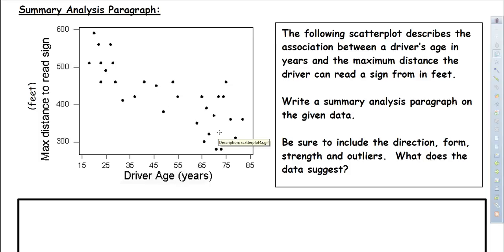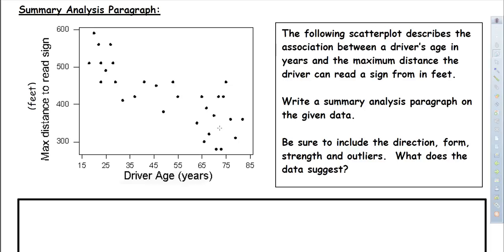So this is just kind of a visual inspection and use your best judgment. Well, I would look at that and I'd probably say that's moderately strong. It's not really, really tight. It could be spread out a little bit more to be weaker, but to me it looks like it's moderately strong. And do there appear to be any outliers? I don't think there are any outliers. It doesn't appear to be any because everything's just following that general path.